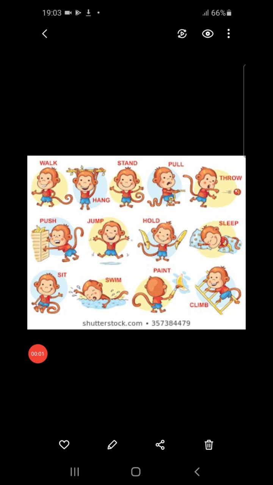Let's look at some more main verbs: walk, hang, stand, pull, throw, push, jump, hold, sleep, sit, swim, paint, and climb.